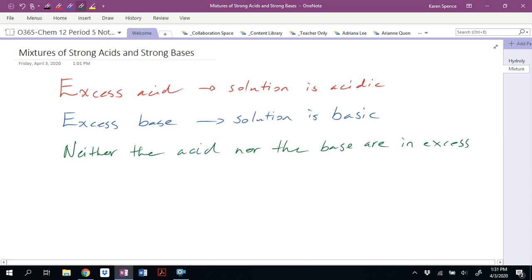And if that's the case, our pH is going to equal 7. Okay? If we have excess acid, we're going to have our pH less than 7. If we have excess base, our pH is going to be greater than 7.